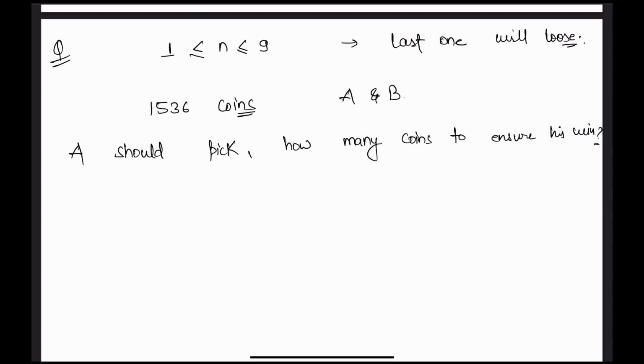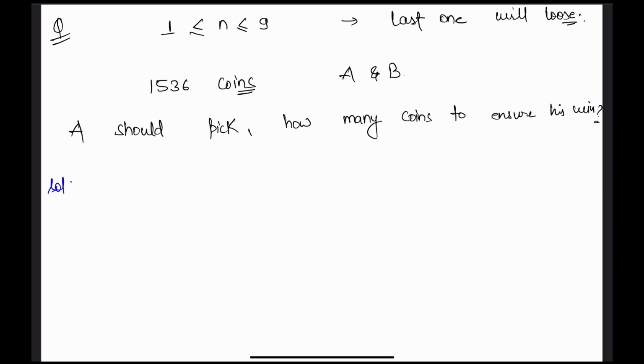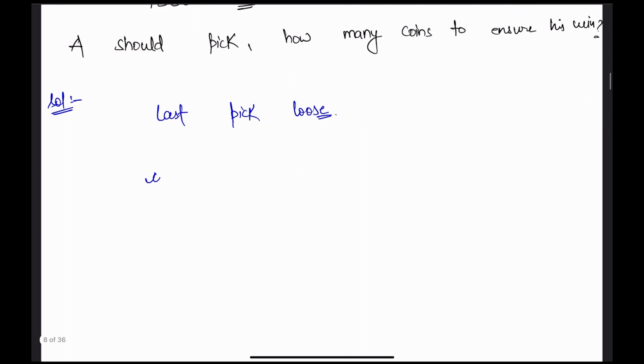So let's take the same approach. First thing is we need to see: last pick loses. This is our condition, and it will be governed by, again, the controlling factor, that is nothing but the sum of minimum and maximum.